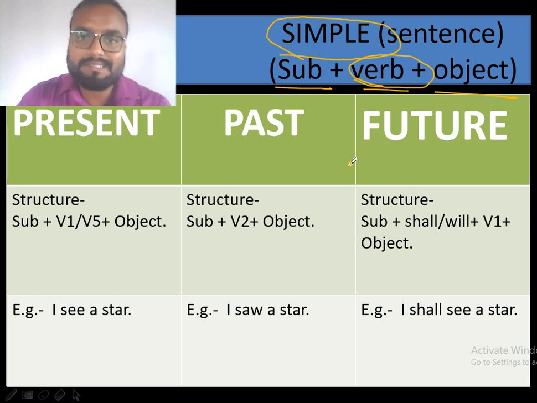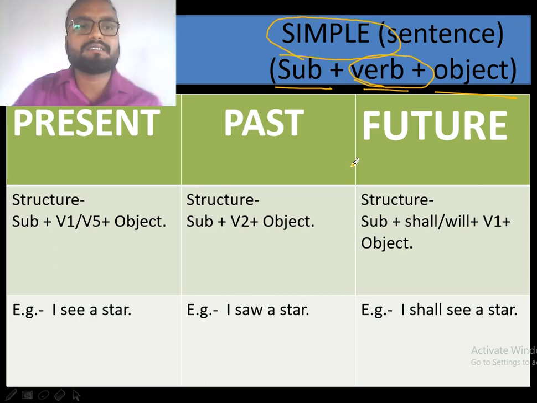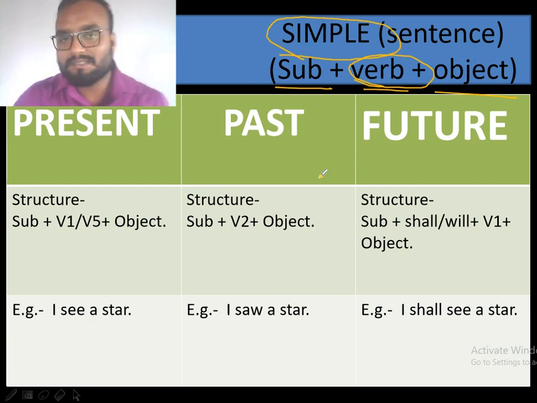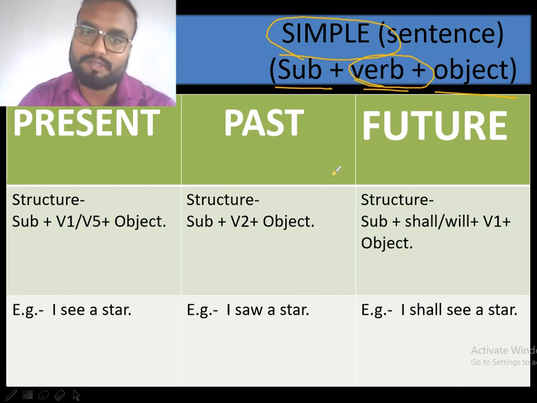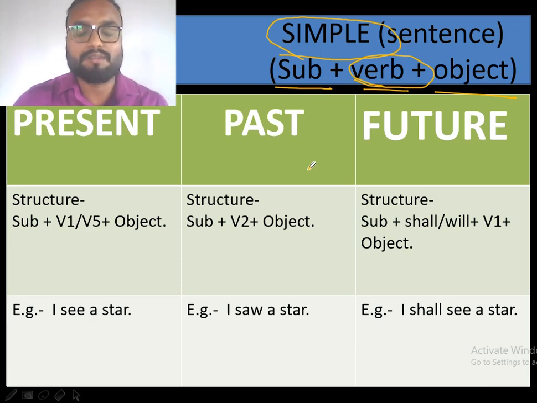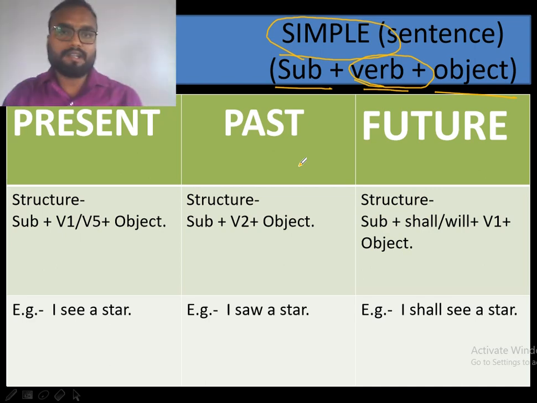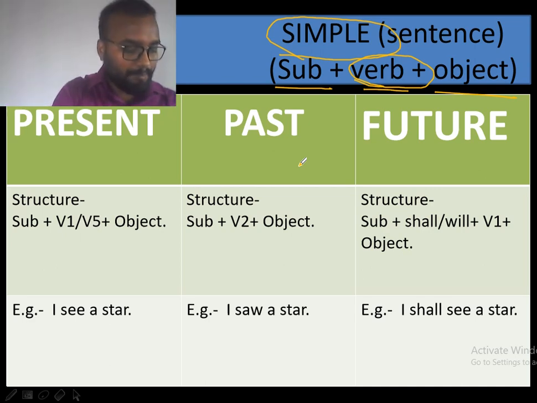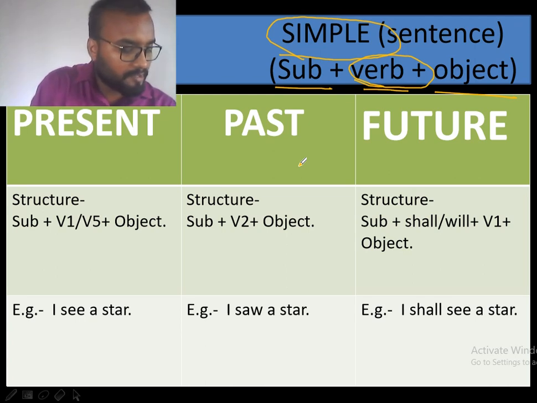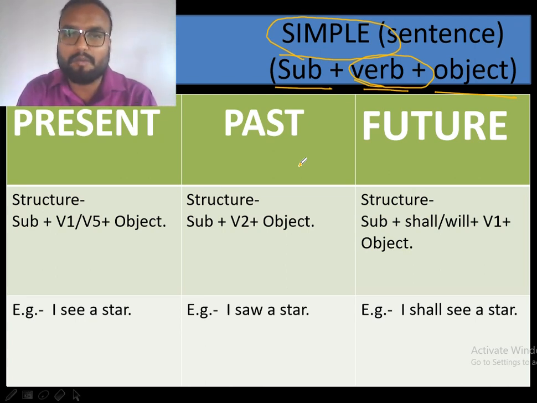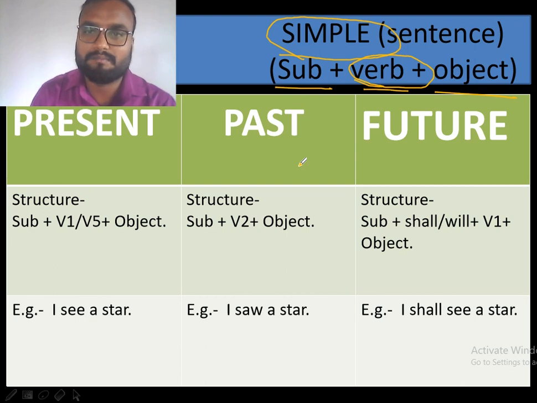Now this simple sentence has been collaborated into tense under the titles simple present tense, simple past tense, simple future tense. Now what is the meaning of it in the context of tense, that we will come to know over here. Now what is simple? If you go by the literal meaning, it means something which is quite common, simple, nothing is being exaggerated.